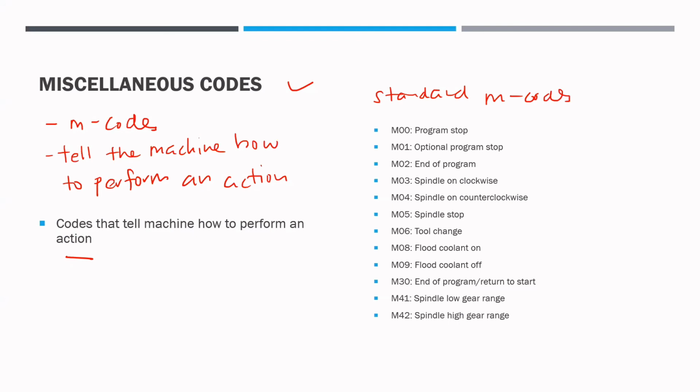For example, M00 means program stop, M01 means optional program stop, M02 end of program, M03 spindle on clockwise, M04 spindle on counterclockwise, M05 spindle stop, M06 tool change, M08 flood coolant on, M09 flood coolant off, M30 end of program and return to start, M41 spindle low gear range, and M42 spindle high gear range.